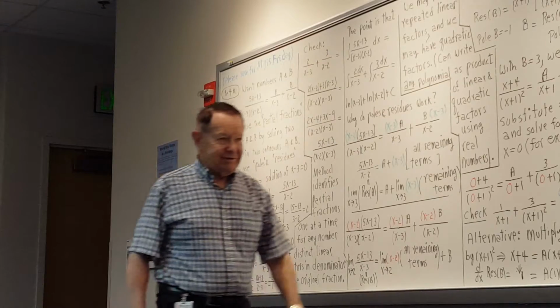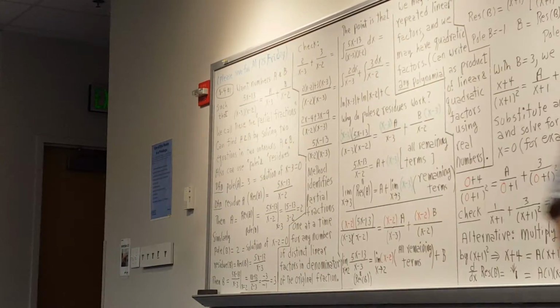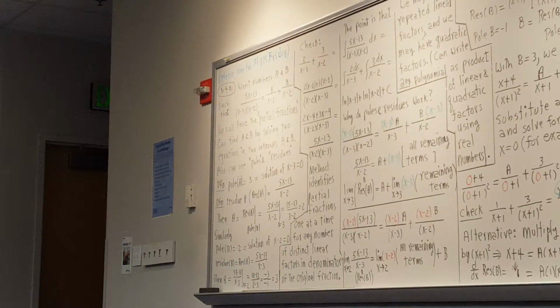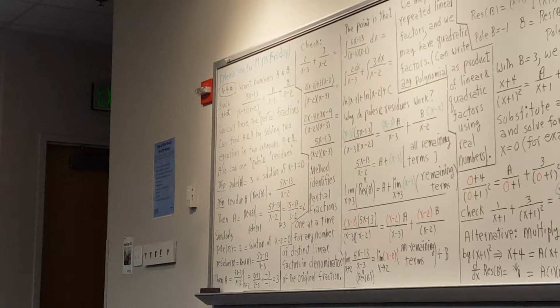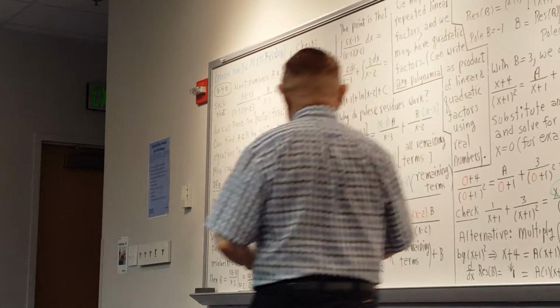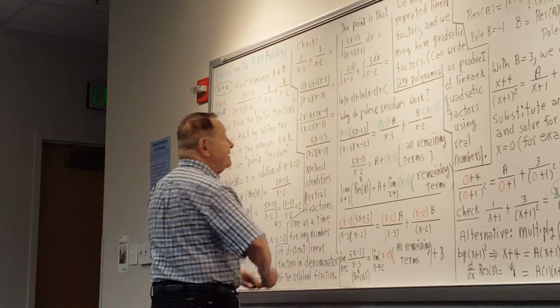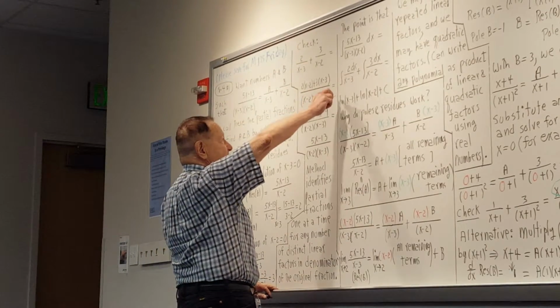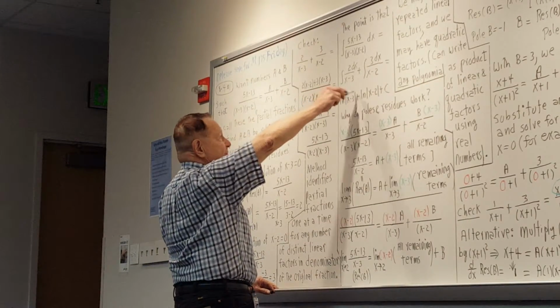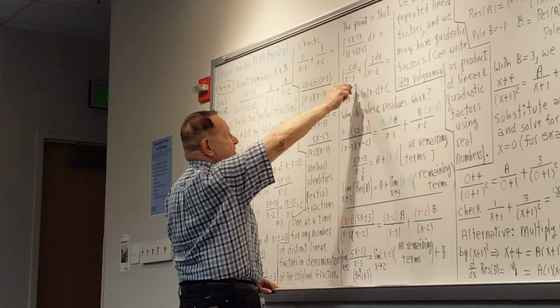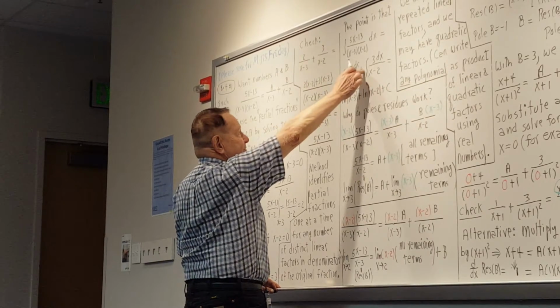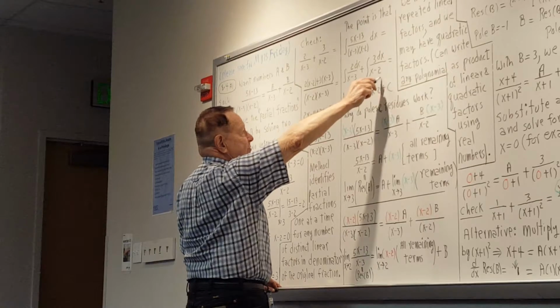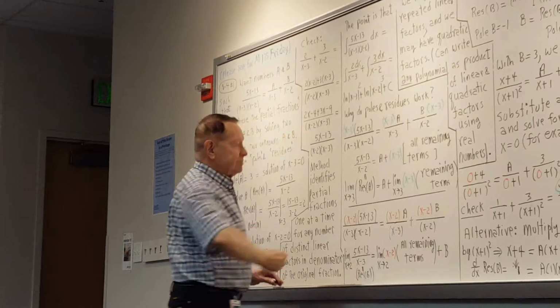So I forgot to write the 2 and the 3, didn't I? Well, so you really would have 2 times it, or it would be squared, and you'd have 3 times it here, or it would be cubed, like that.